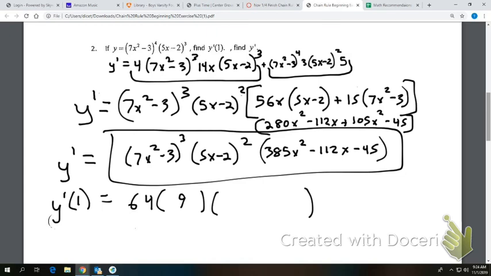Is that 228? Anybody else get that? And then when you multiply those three together, I have the answer. It's 131,328. Does that sound right?